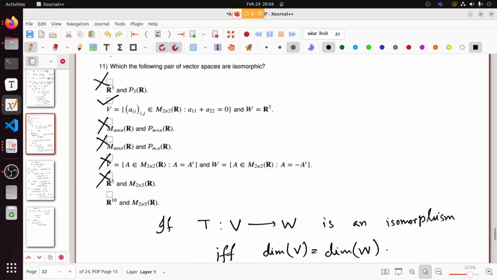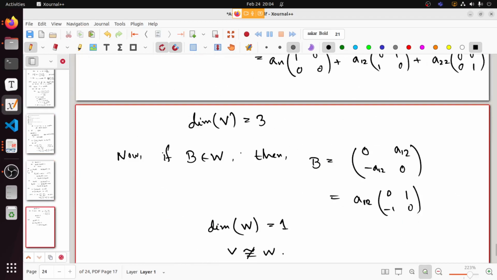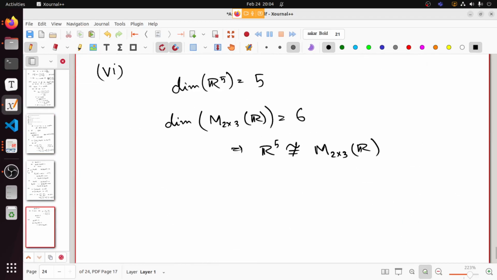Now the last option: R10 and M2 cross 5. What is the dimension of R10? It is 10, right?